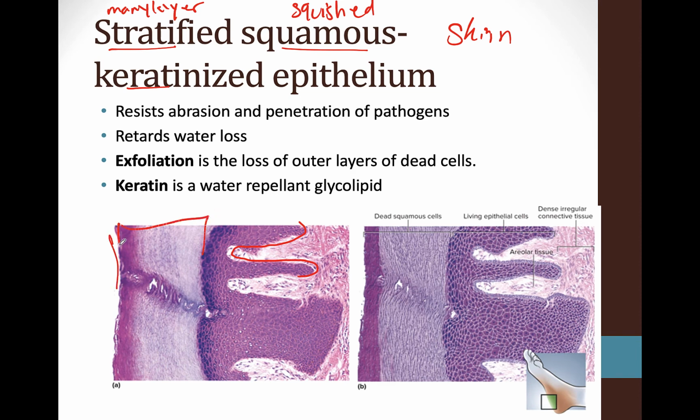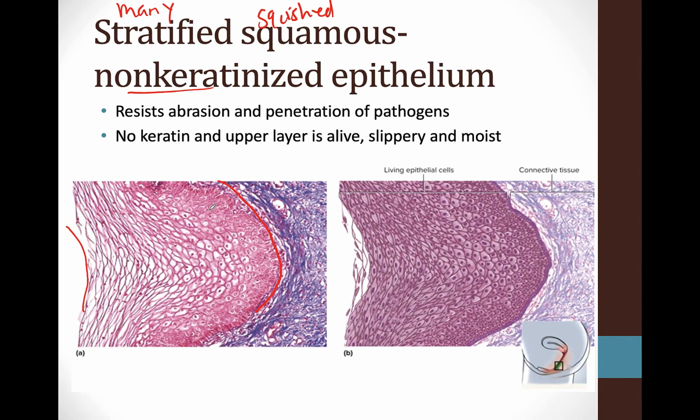This area here is all full of keratin, and so we see this distinct difference in these two layers, where the keratinized water repellent cells are on the outside, and then we have the living cells on the inside. In the non-keratinized cells, they're all living and they're moist and slippery.